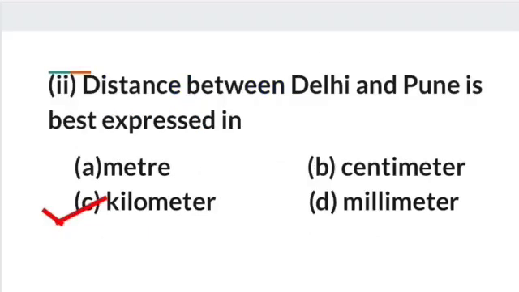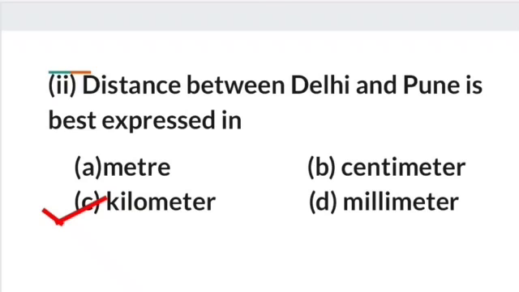Second part, distance between Delhi and Pune is best expressed in option A, meter. No, the distance between Delhi and Pune can't be in meter because it is used for measuring short distances. Centimeter, no, centimeter is also used for measuring short distances.